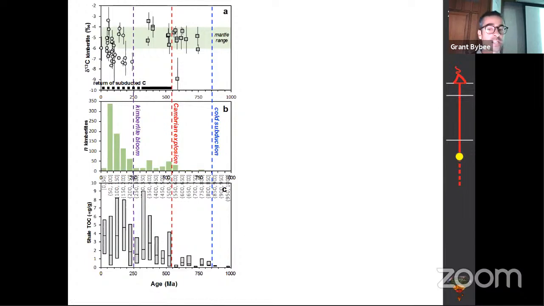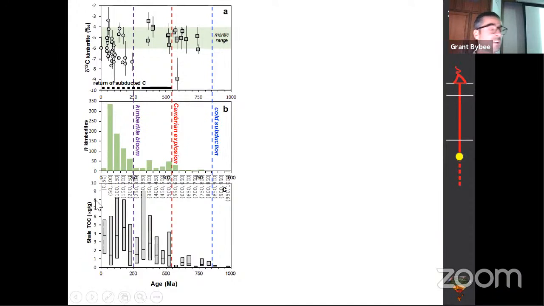Definitely cold subduction might have played a role, but that's not sufficient. So something else that happened on the Earth at about 540 million years ago is the so-called Cambrian explosion. This is a massive change in marine productivity that is linked to the explosion of multicellular life for the first time on our planet. And this is why I have this chart down here.